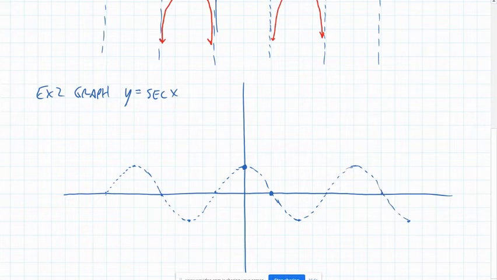Okay, and then just like we did previously, whenever the cosine graph hits 0, since secant is the reciprocal of cosine, if the denominator is 0, then secant's going to be undefined. So that's going to create vertical asymptotes whenever cosine is 0.